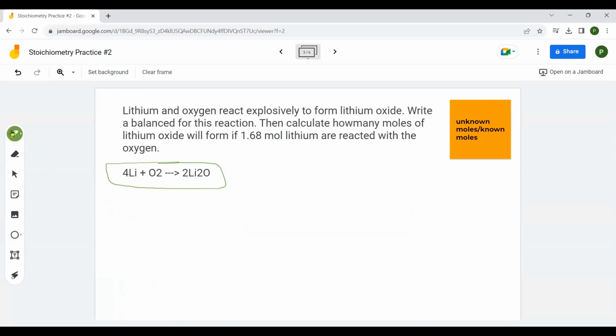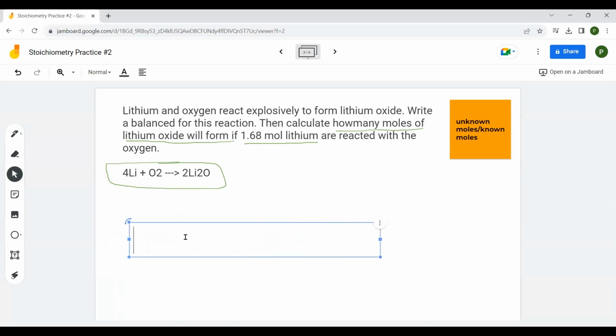So we want to know how many moles of lithium oxide will form if 1.68 mole lithium are reacted. I have to make my box again here. So we have 1.68 mole of lithium, and we'll set up our ratio.